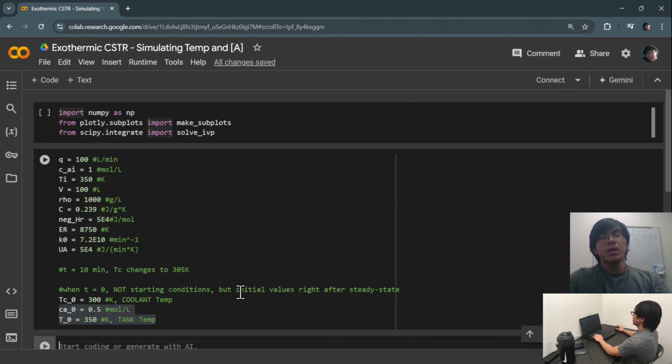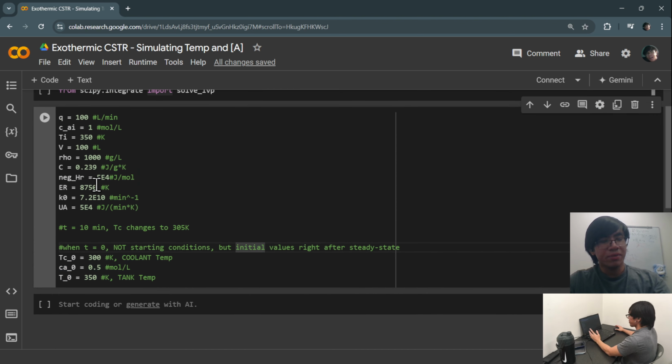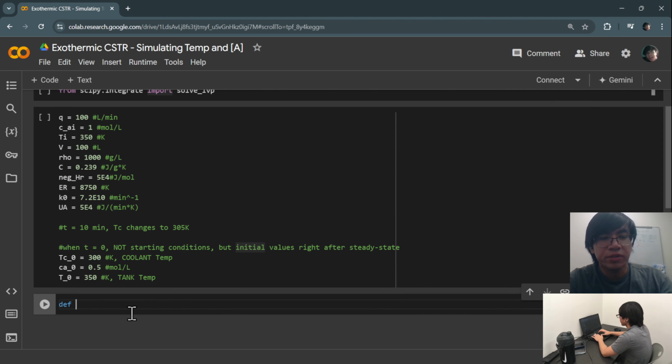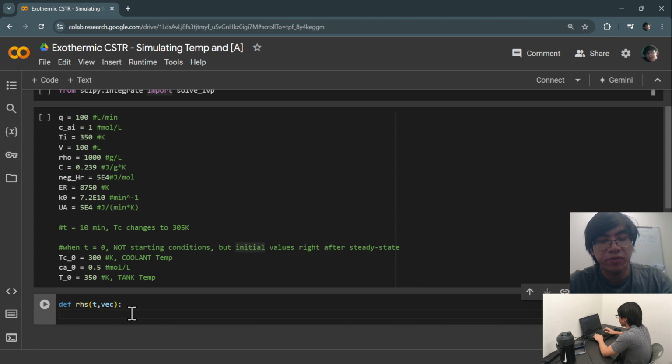So let's see, what do we want to do first? Everything's already initialized, so we'll go ahead and define our function, our right-hand side. Remember that solve_ivp requires our function to have two variables, one that's the independent variable, time in this case, and the other with our other variables. And this could be any number, and last time we called it vec for vector, and we unpack that vector.